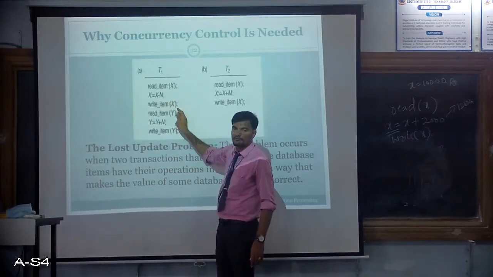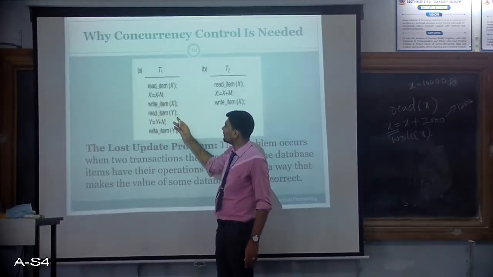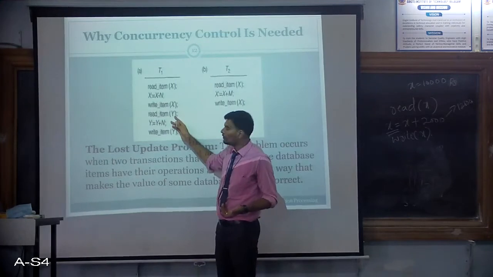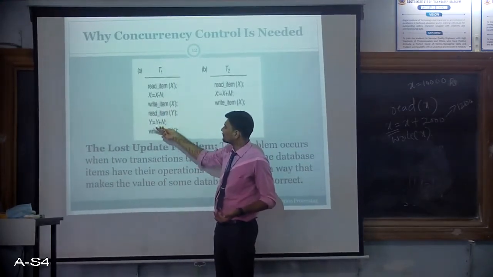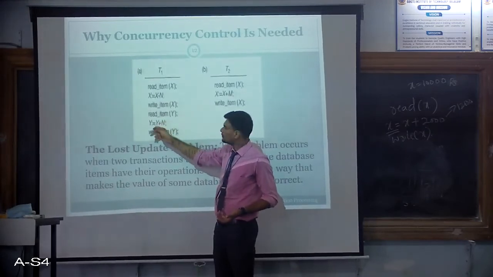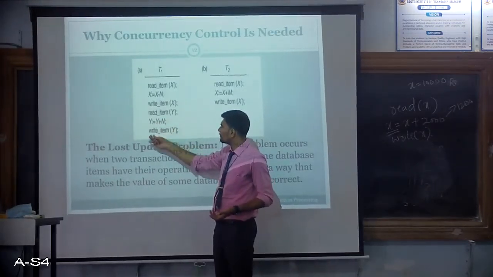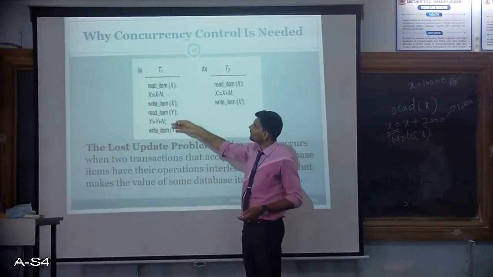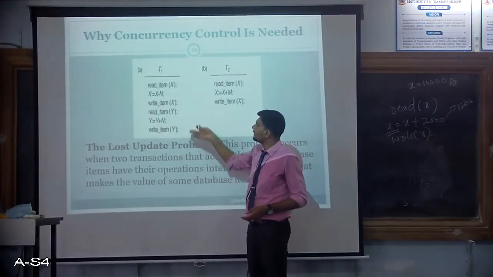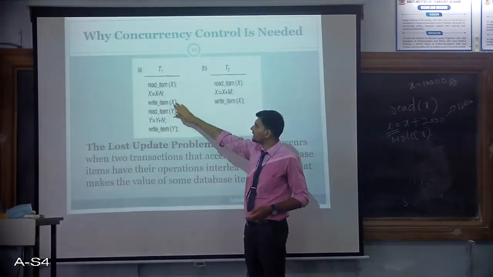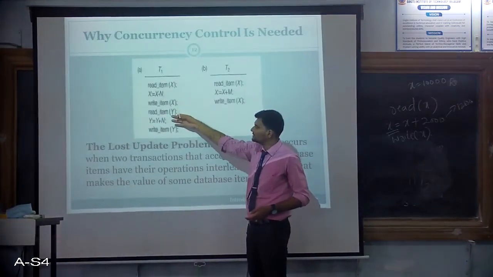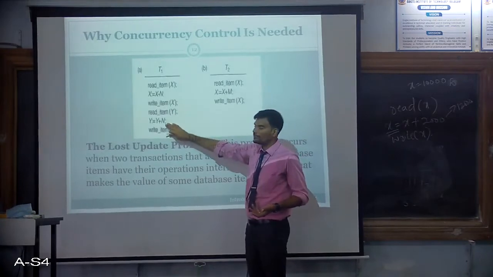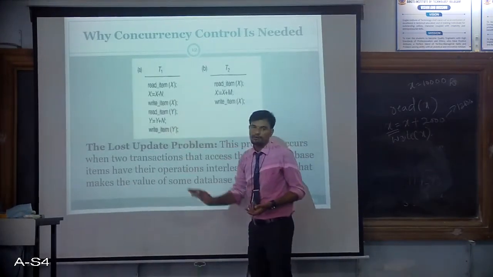Then I am writing the value of X, then reading the variable Y, whatever value is stored in Y. Then I am adding the number of seats stored in n, so Y equal to Y plus n, then writing the value Y. So transaction T1 reads X, updates X, writes X, then reads Y, updates Y, and writes Y.